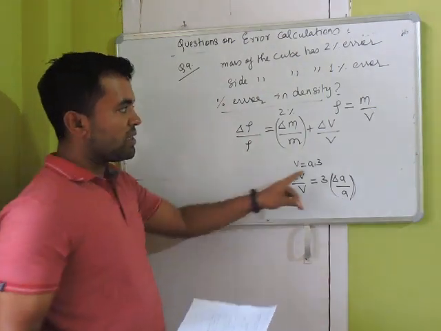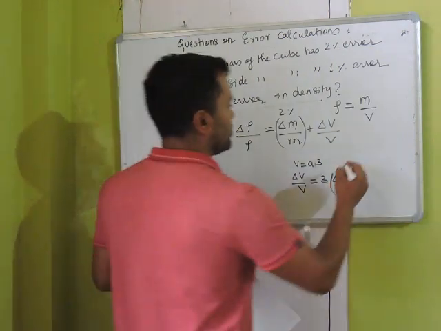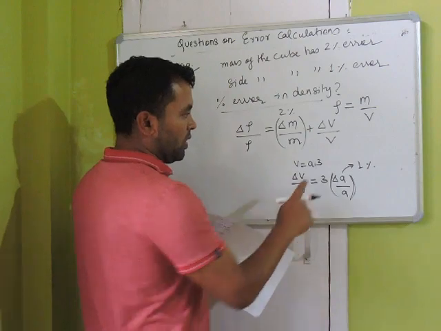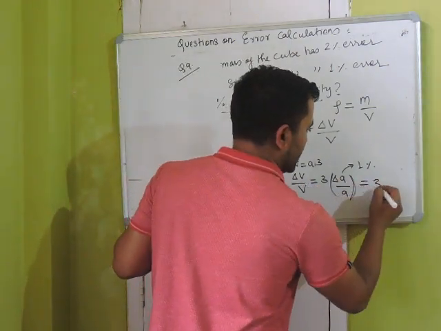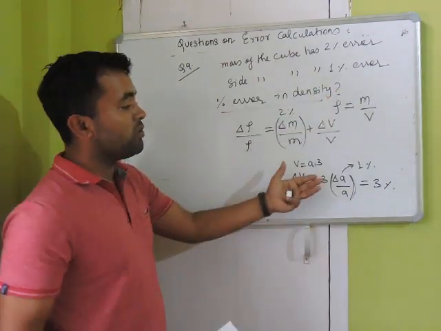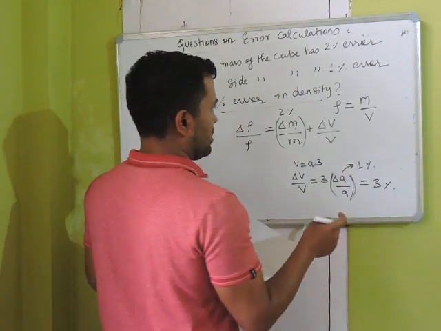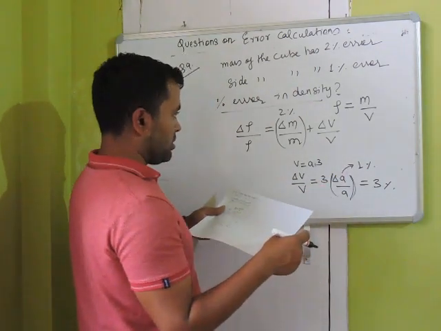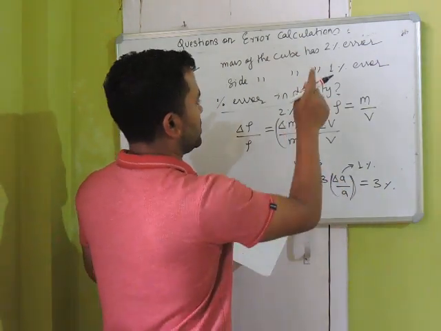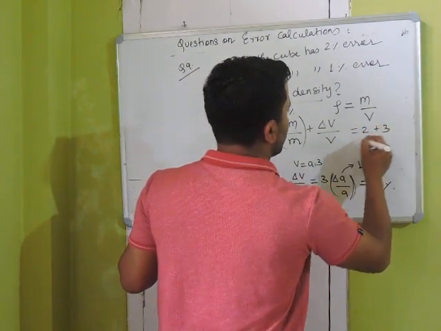Now this is given to be 1%, and 3 into 1 will be 3%. So if there is an error of 1% in side, in volume it will pile up to 3%. So adding the 2% and the 3%, this is 5%.